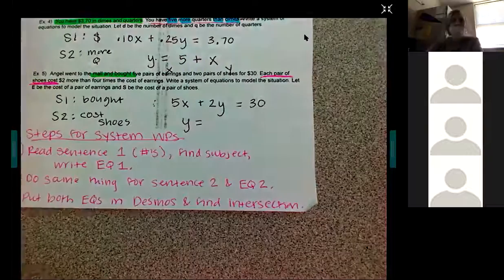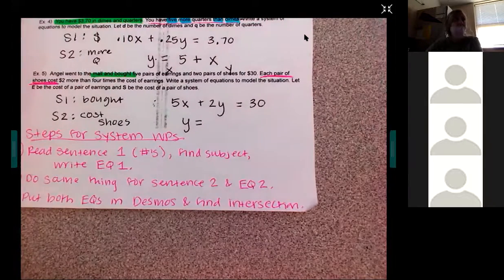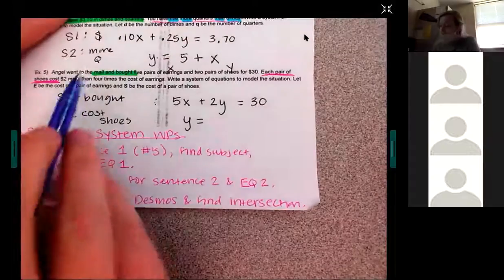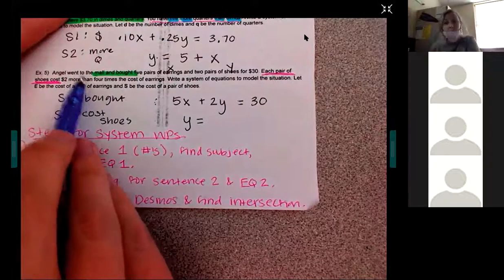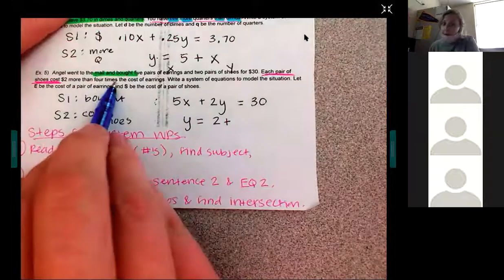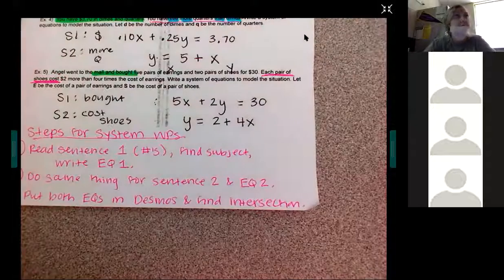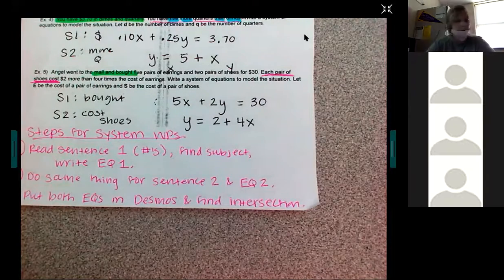Y equals. Is everybody okay with that? Now look, it says the shoes cost 2 more than. What does more than mean? So 2 plus 4 times earrings, which are, so 4 times X. Did y'all go graph them? Okay, I'm going to go graph.